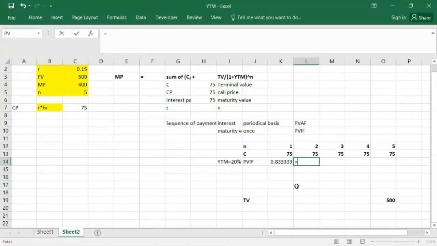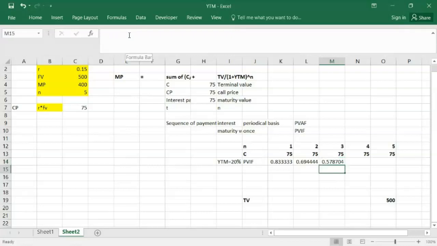For the second year, it is 1 divided by 1.2 to the power 2. For the third year, you can take 1 divided by 1.2 to the power 3.